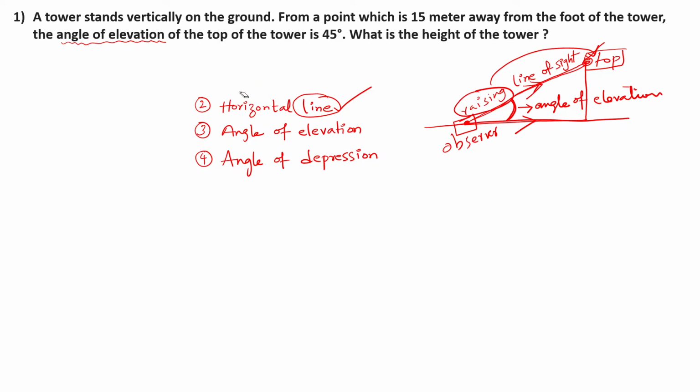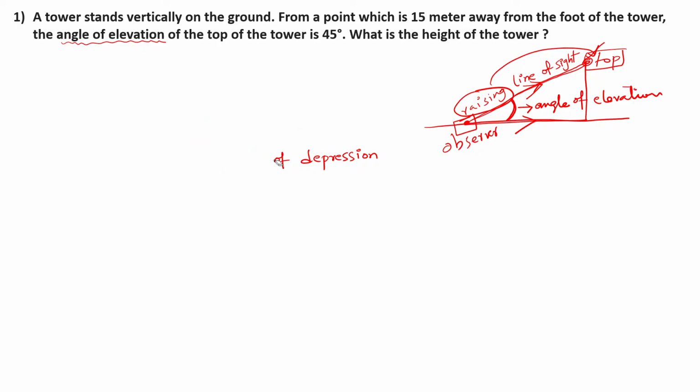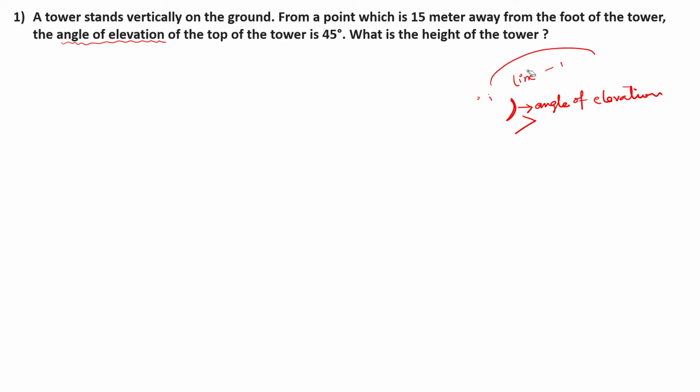Now, angle of depression is also the same angle formed between the line of sight and the horizontal, but in this case of depression, the observer will lay down his head. He faces his head towards the target which is below the eyesight of the observer.